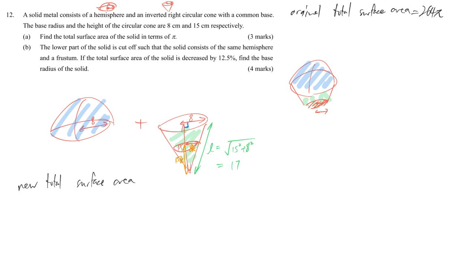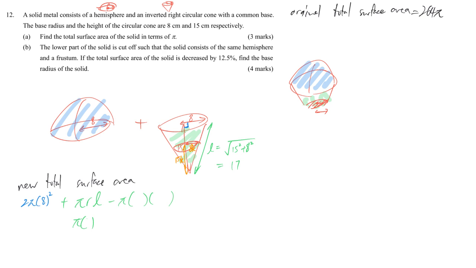The new total surface area comes from the blue part, which is 2 pi r squared. And then we have the smaller curved surface area. The green part is pi r l, and then subtract the smaller r and smaller l.